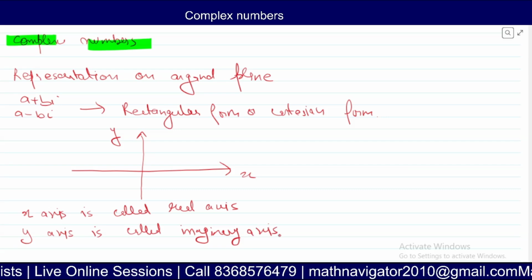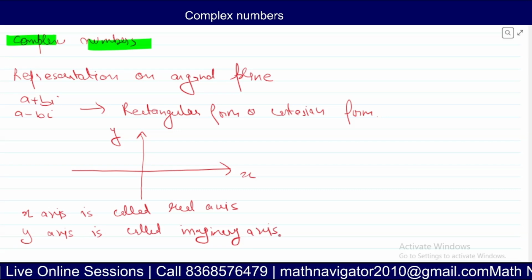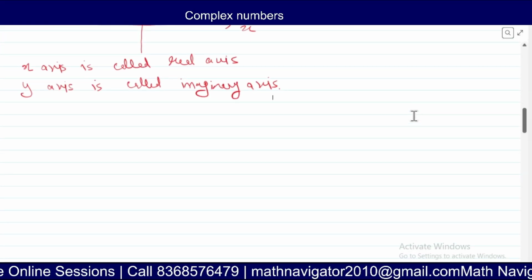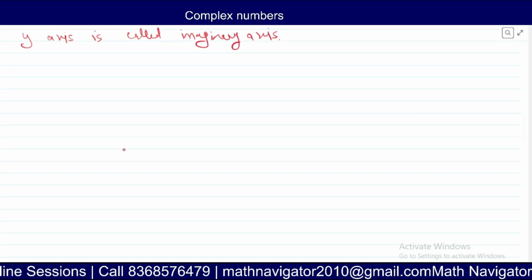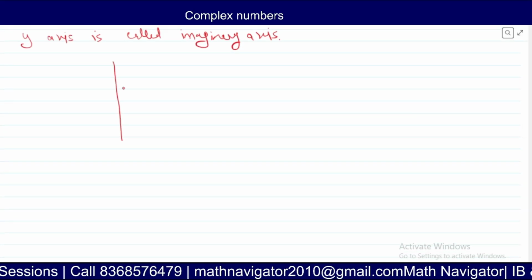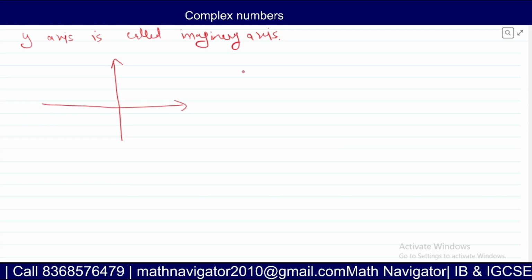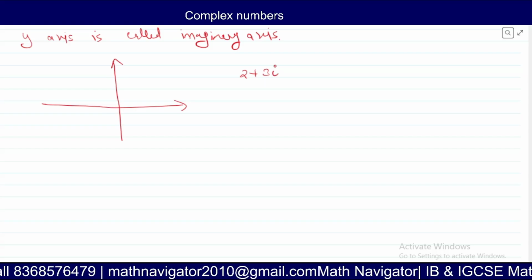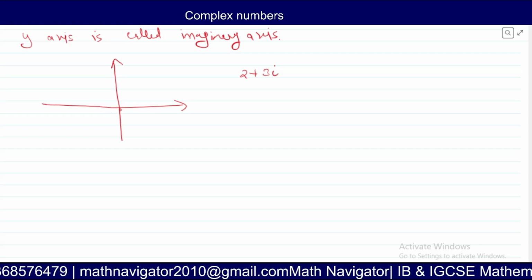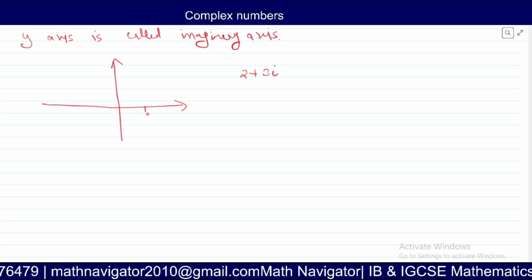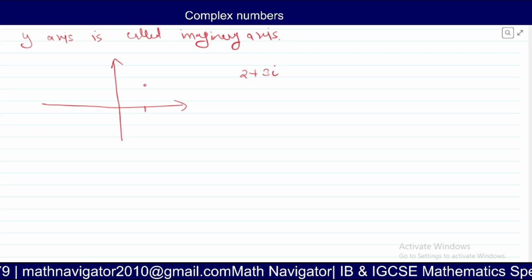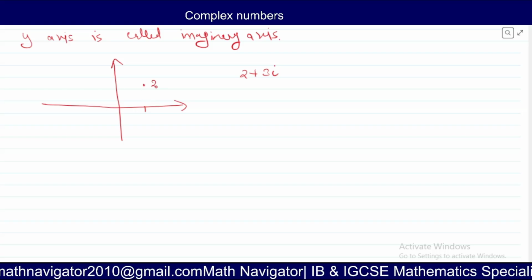Got it? Perfect. Now, if I have a number, let's say 2 plus 3i. So what I'll do is, this is my real axis. So I'll run 2, 1, 2 and rise 3. So my complex number is here.